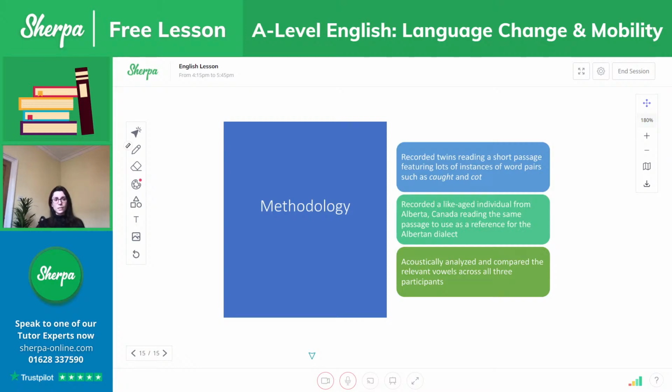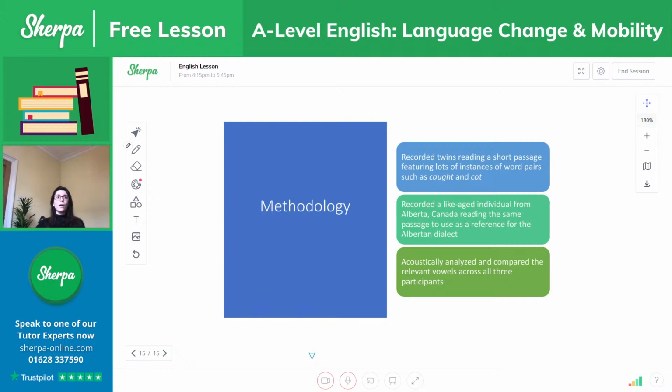So my methodology was the second one that was brought up earlier in this presentation, where I recorded both of these twins reading a short passage that had a lot of instances of word pairs like caught and cot. So I got a lot of samples in different phonological environments.